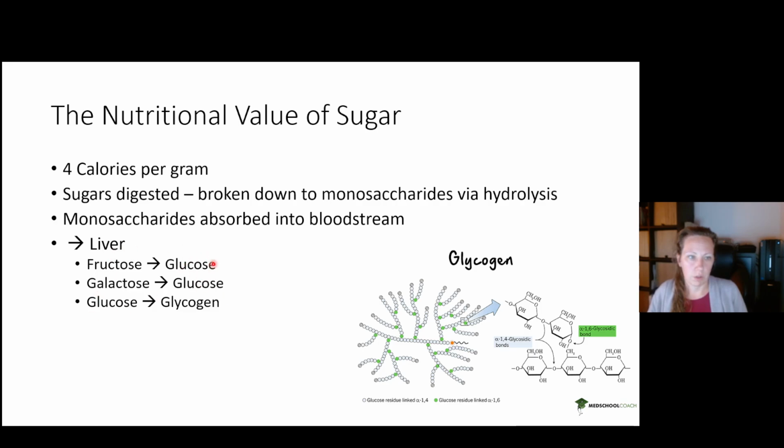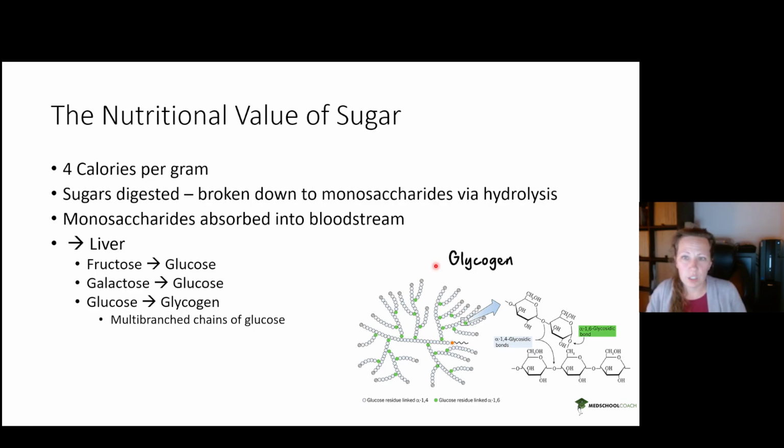Glycogen is multi-branch chains of glucose. It looks kind of like this, and here's a zoomed in picture. You have all the glucose here and like this.